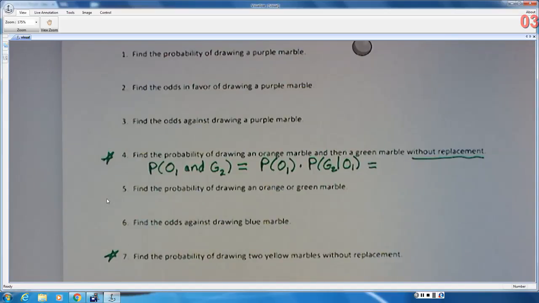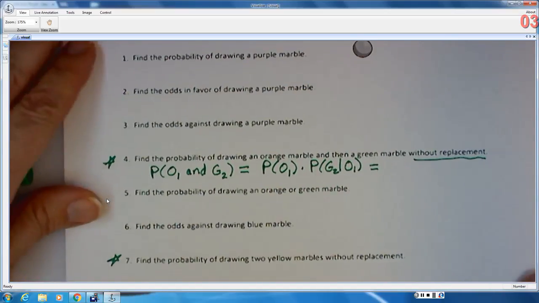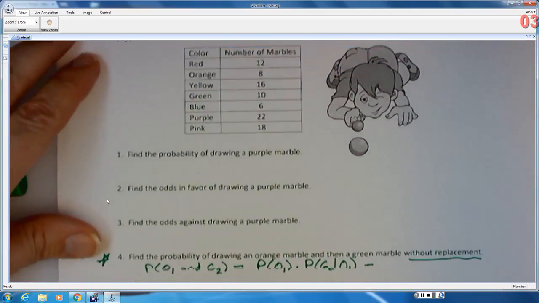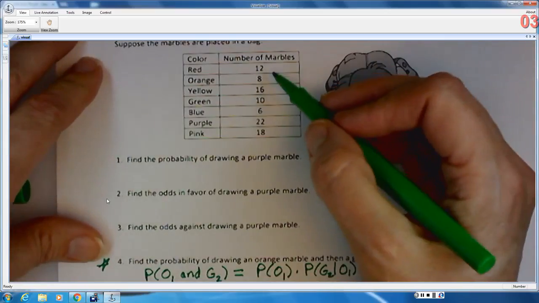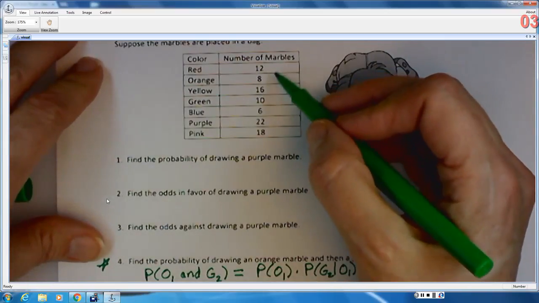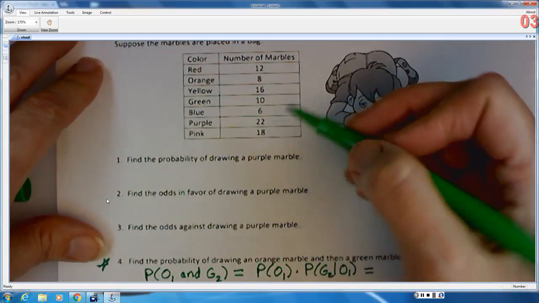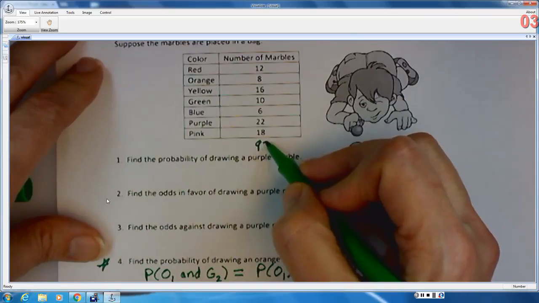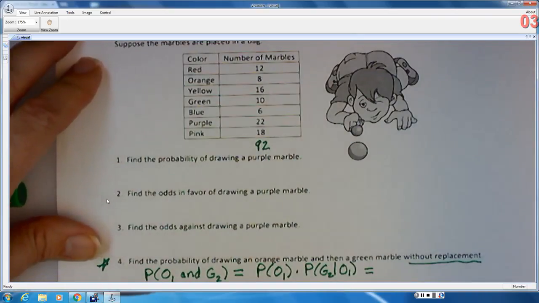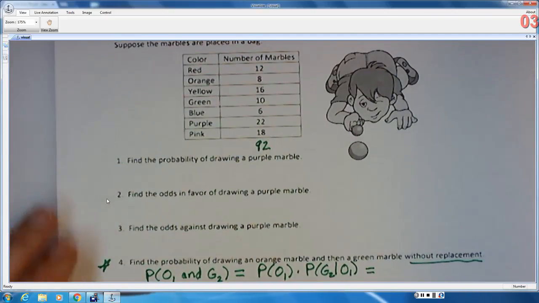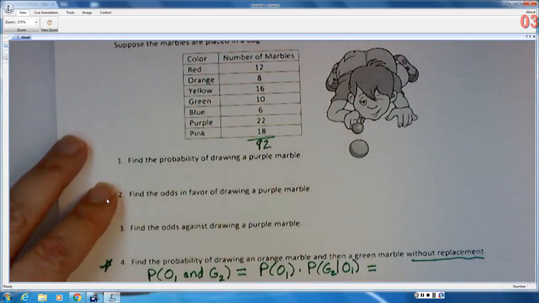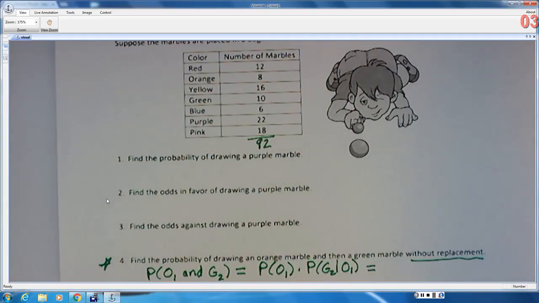It's probability of drawing an orange marble. Okay, did anybody add these up yet? There's 20 there. Is it 92? 92. If that's not right, you're making everybody's, okay. You have to add up and find your total marbles to do probabilities.